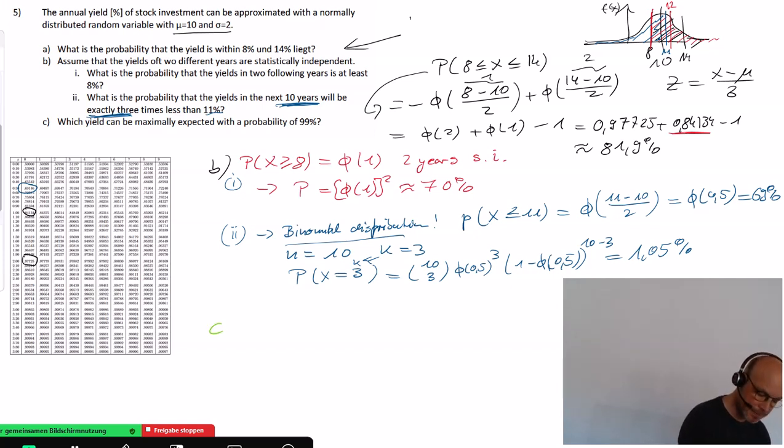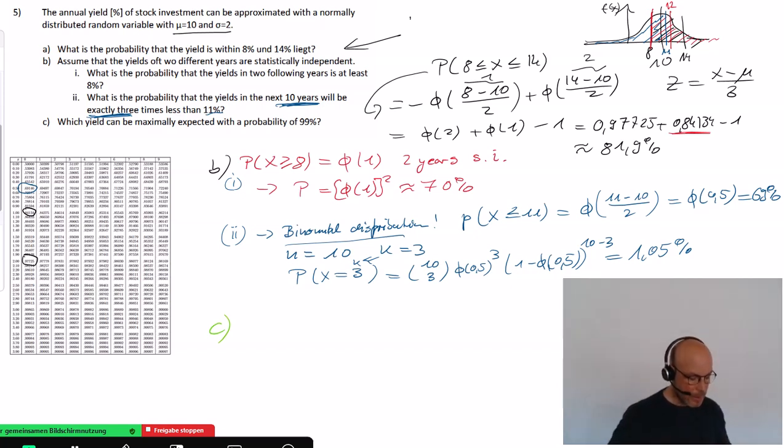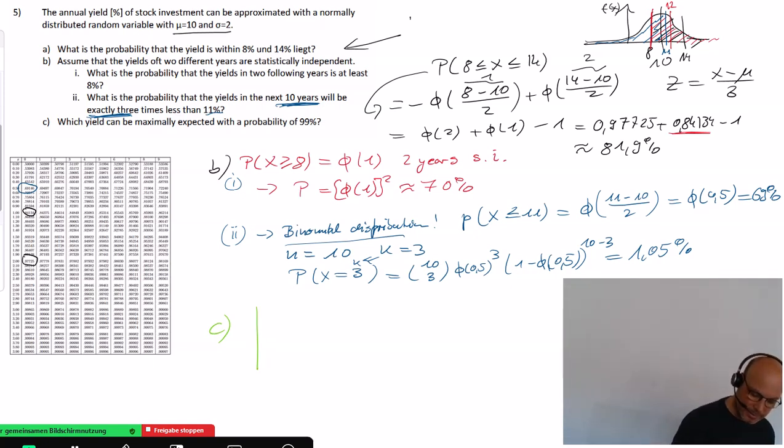C. Which yield can be maximally expected with probability of 99%? Well, this is again the question if we take the look of the other side.